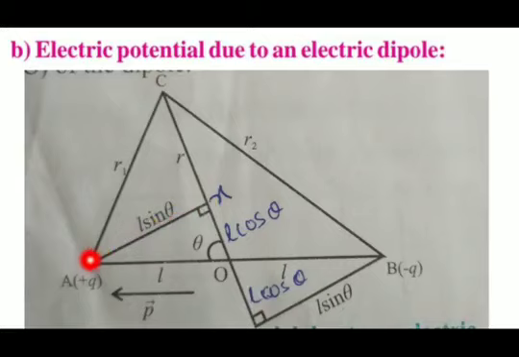If we apply Pythagoras to this, this is the hypotenuse, so we will have R1 square is equal to L square sine square theta, plus this CX, which is nothing but (R minus L cos theta) whole square. So now let's see.